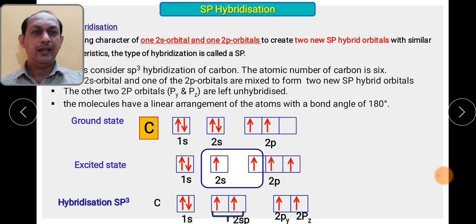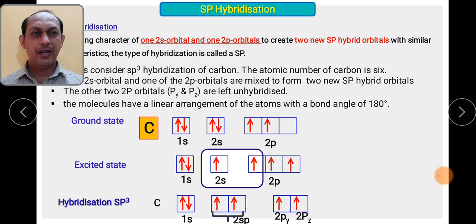The py and pz orbitals remain as they are and do not take part in bonding and hybridization. They remain perpendicular to the plane, and do not take part in the bonding process.